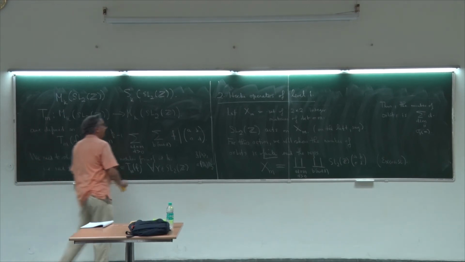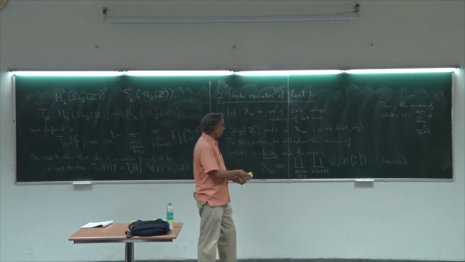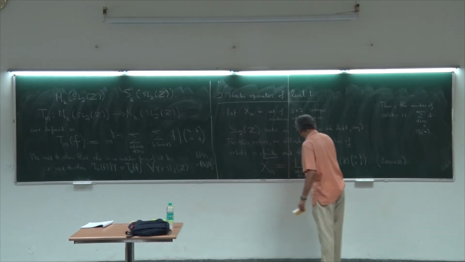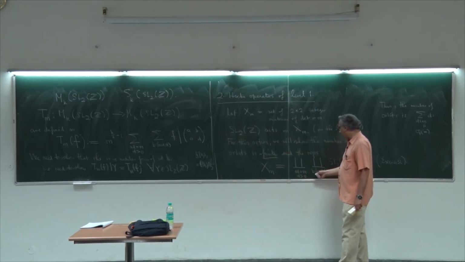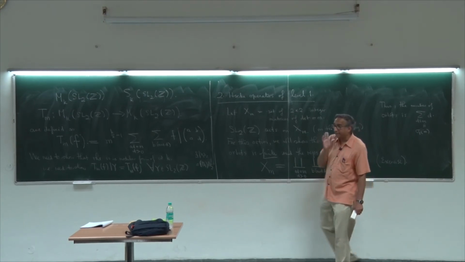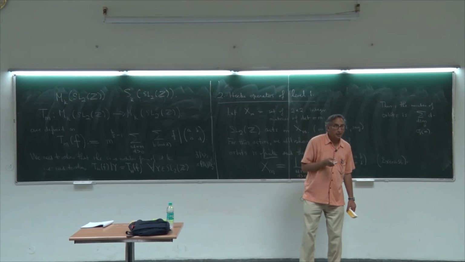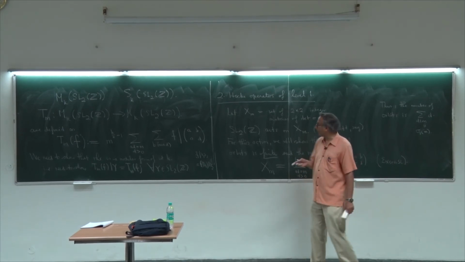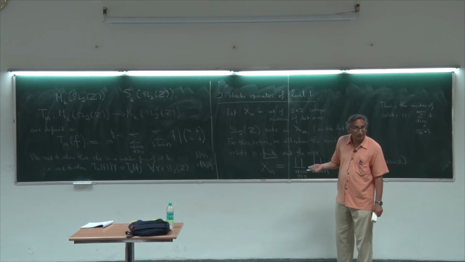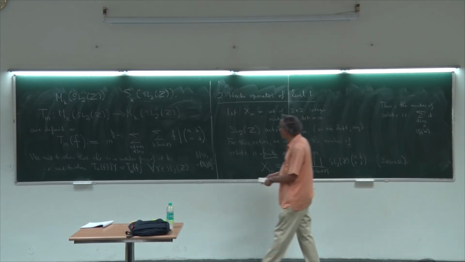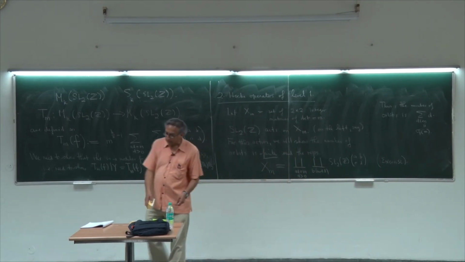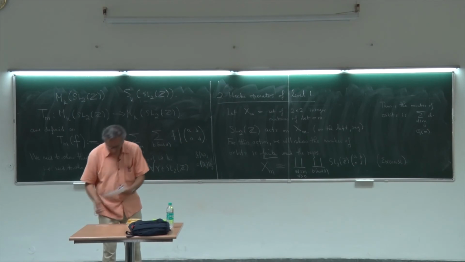So the question is, what happens as I run through all these representatives, AD equals m, B mod D, with a fixed gamma? How are these representatives changing? It's no big deal to see that they change again to other representatives. Let me spell it out neatly.